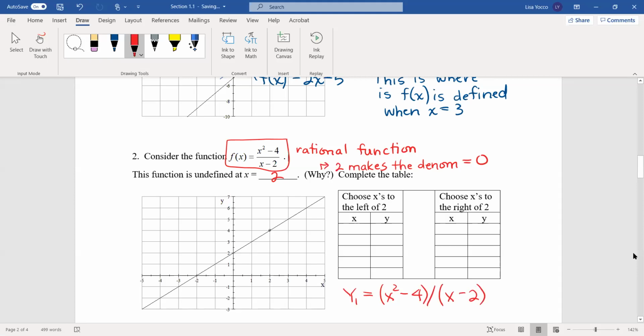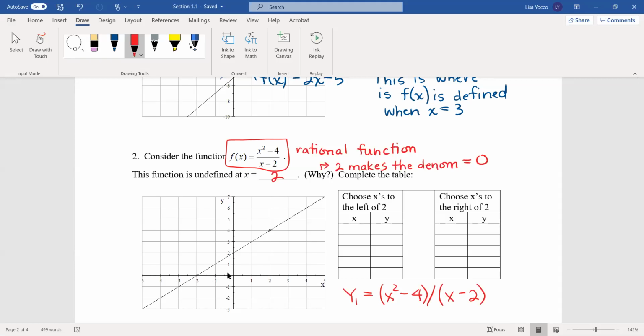The numerator, x squared minus 4, should be in parentheses. And the denominator, x minus 2, should also be in parentheses.